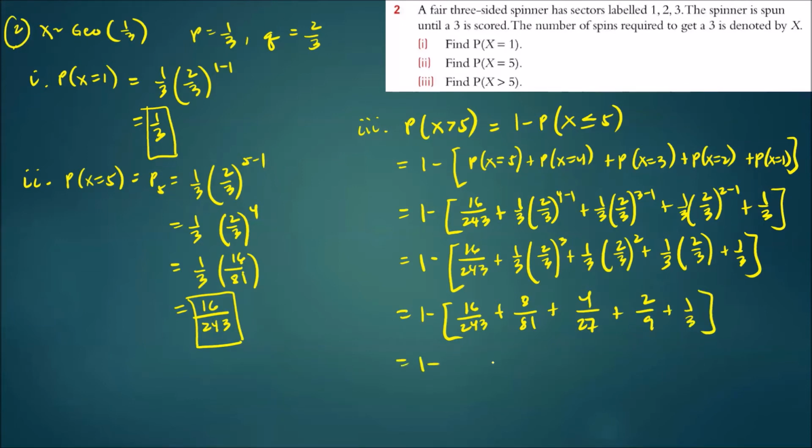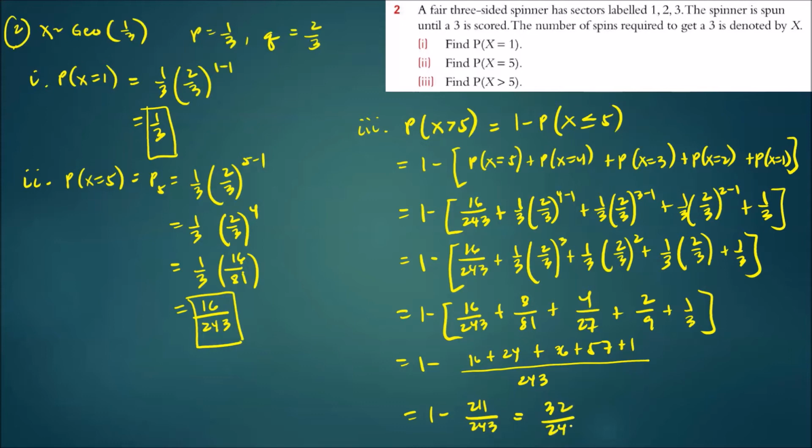So we have here 1 minus all over 243, that would be 16 plus 24 plus 36 plus 54 plus 1, or that is 1 minus 211/243, which is equal to 32/243. Okay, so give yourself 1 point each if you're able to get this.